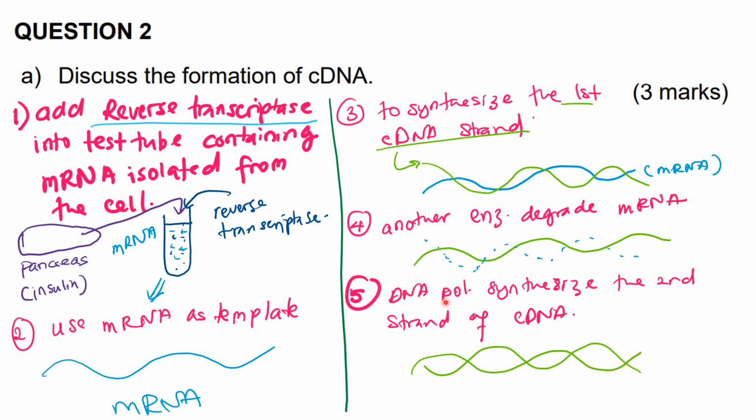The function of DNA polymerase is to synthesize the second strand of cDNA using the first strand. So now you have a DNA molecule that has a continuous coding region that you can later use to produce recombinant plasmid that you later insert into a bacterial cell.